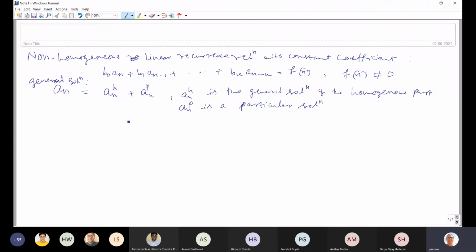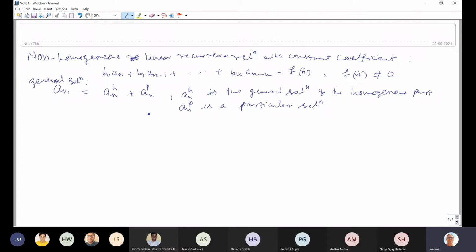We have already discussed the method of finding a_n^(h), the general solution of the homogeneous part. Then how do we obtain a_n^(p), a particular solution?